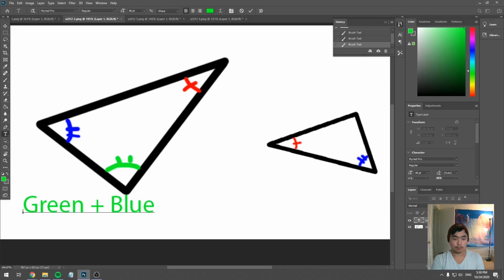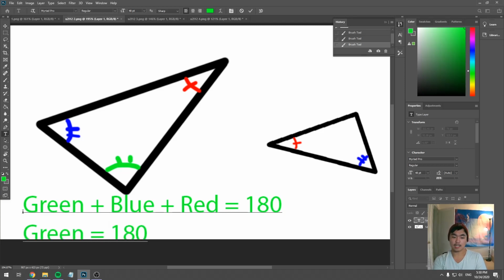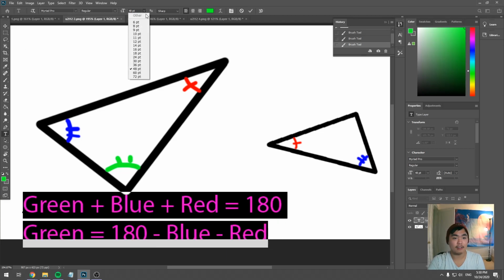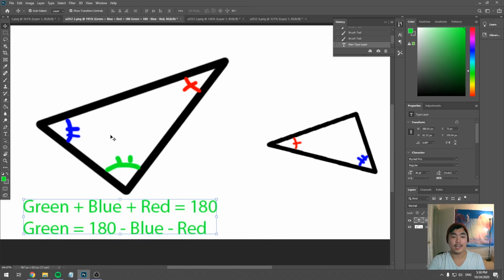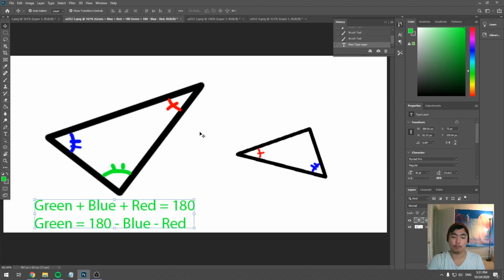So green plus blue plus red should equal 180. What that means is, if we rearrange it, green should equal 180 minus blue minus red. Or in other words, the green angle is just the remaining amount, right? It's the leftover from 180, and you take out the other two, the red and the blue angles, right?